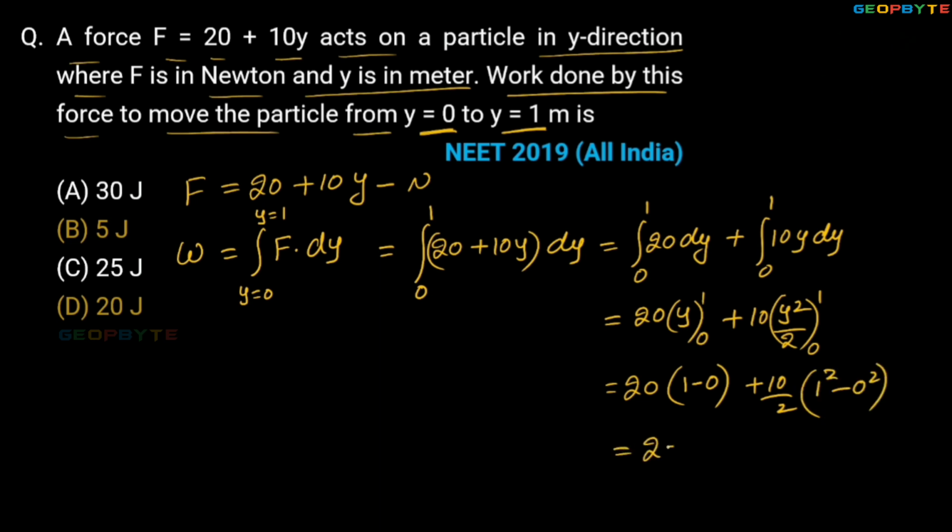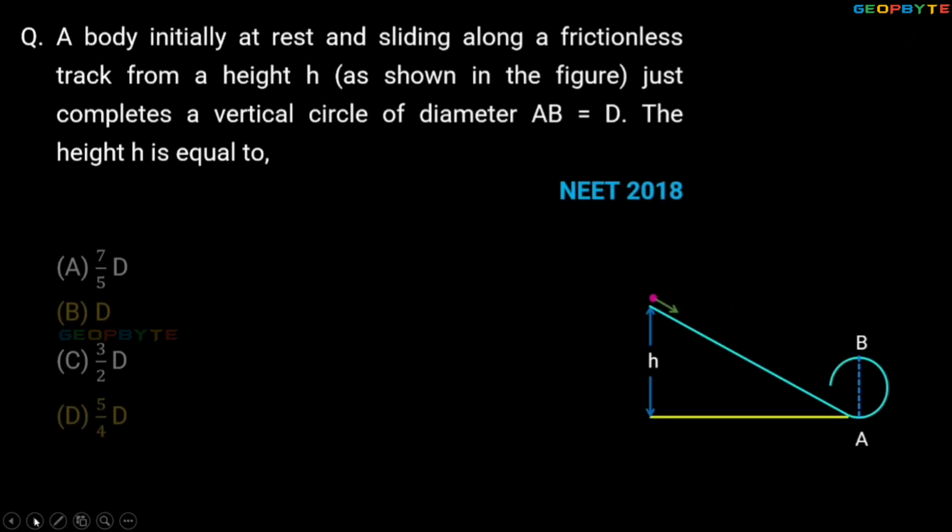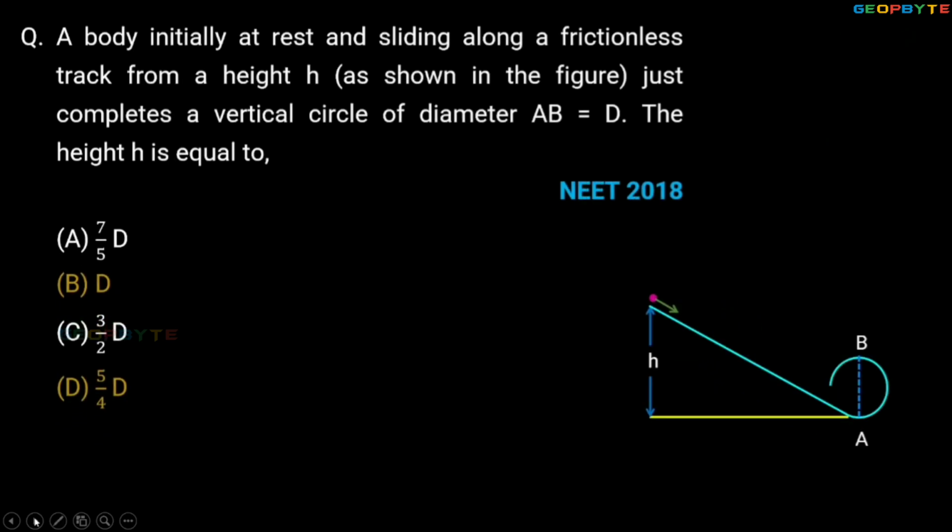It is equal to 20 plus 10 by 2, which is 25 joules or newton meter. That is the answer. Look at option C. Option C is absolutely correct. Understood clearly? Yes.